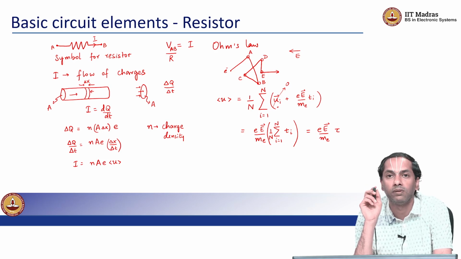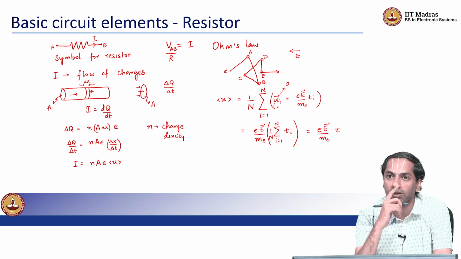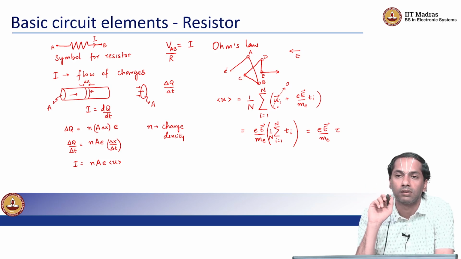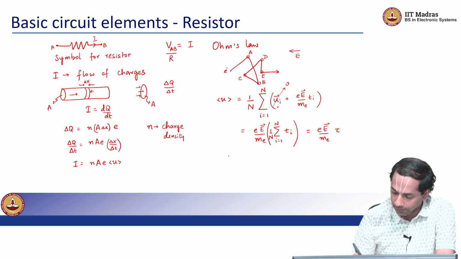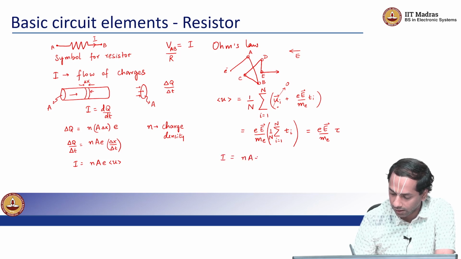So, now we have actually found the average velocity with respect to some constants that are dictated by the resistor itself. And so, we can say that my current I is N A E times the average velocity.